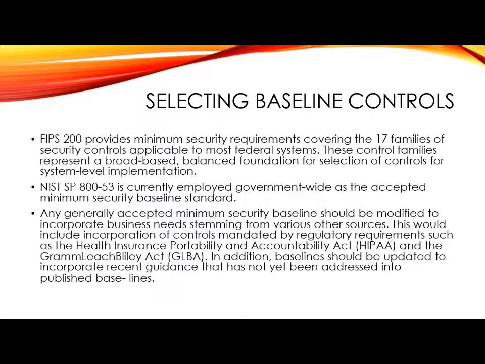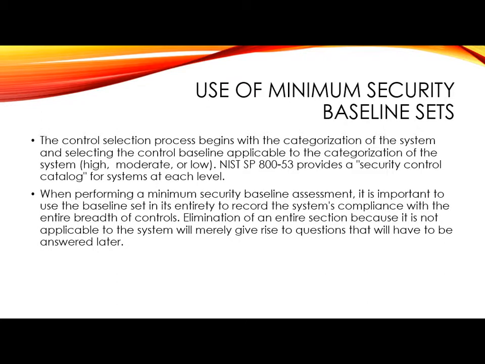They include incorporation of controls mandated by law or regulatory compliance, such as HIPAA, GLBA, SOX, all that kind of stuff. Okay. As long as you have a good set of controls at each level, your common core controls, like we talked about, you have a commonality of those 30 controls that you're required to do.